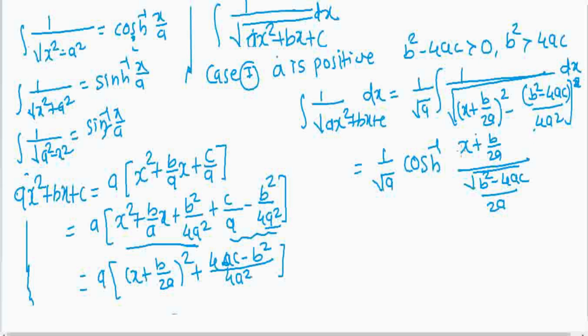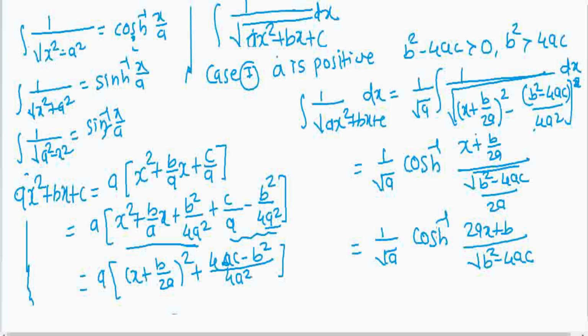Now taking the LCM, this 2a gets cancelled, and we have 1 divided by the square root of a cosh inverse of 2ax plus b divided by the square root of b square minus 4ac. So this is the integration when a is positive and b square minus 4ac is positive.